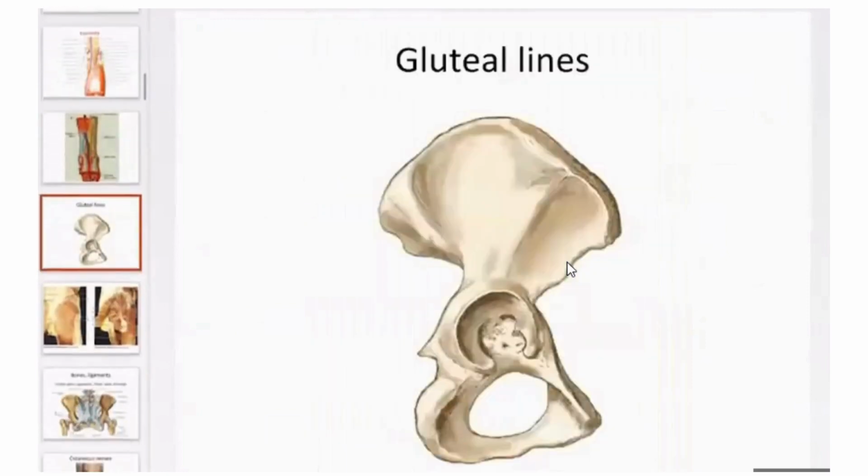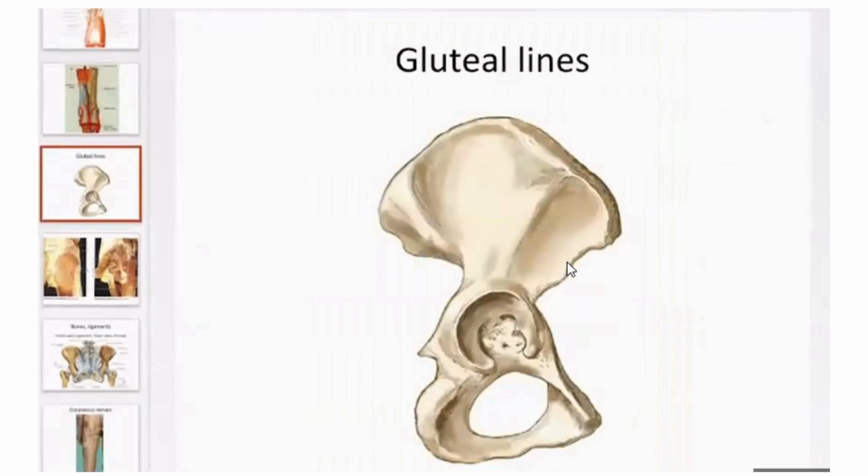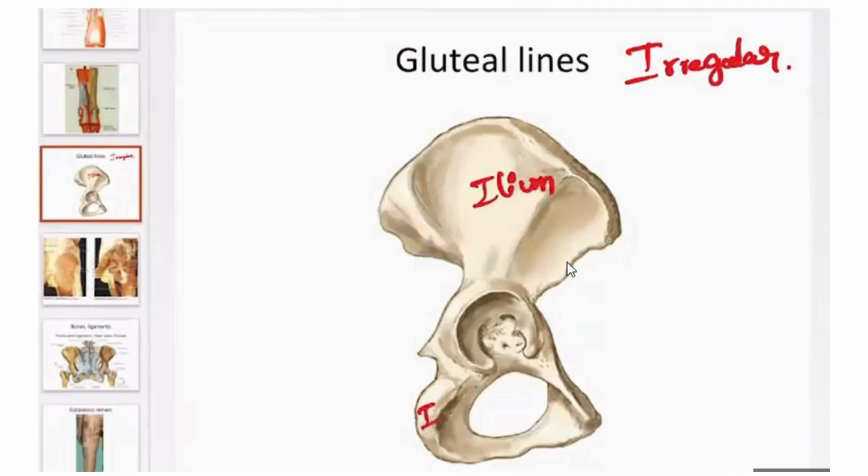What is this bone? Hip bone, which is an example of an irregular bone. It doesn't have a proper shape. Three bones unite to form it: ilium, ischium, and pubis. This is the acetabulum.